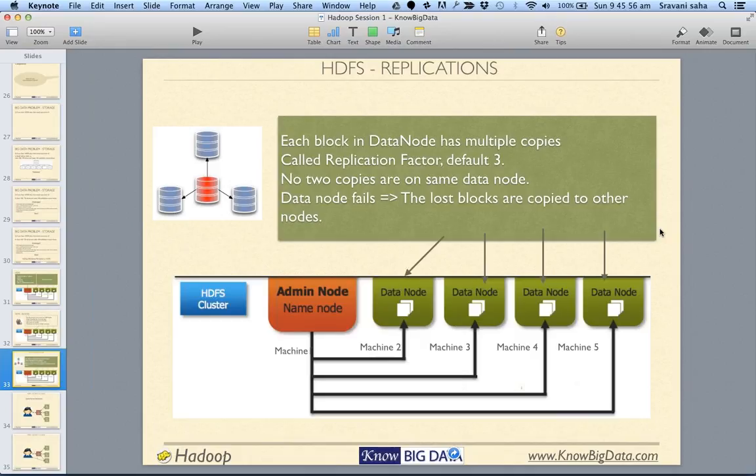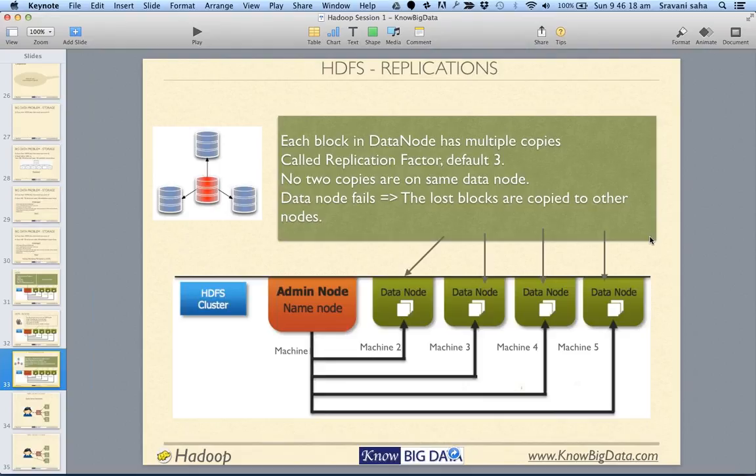No, it doesn't lead to any data loss at all. I'm trying to answer Karthik's question. Karthik's question is, does it mean that a single movie is split and stored in multiple machines? Does it result in data loss? The answer is no, but the suspicion is correct.